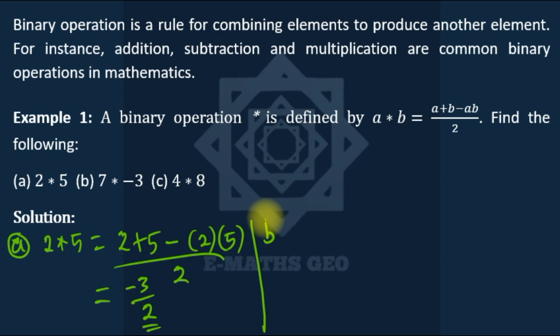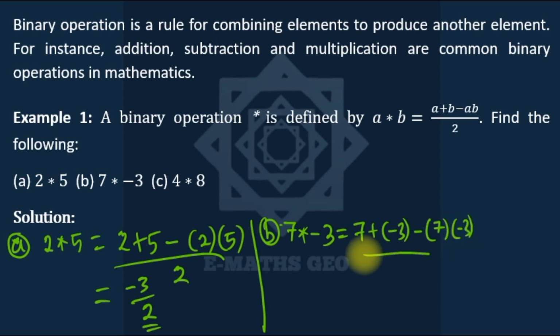While for B, we have to find 7 asterisk minus 3. Also, a is 7 here and b is minus 3. So I have 7 plus minus 3 minus 7 times minus 3 over 2.